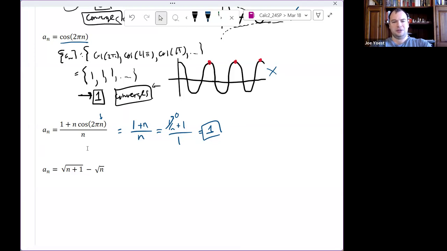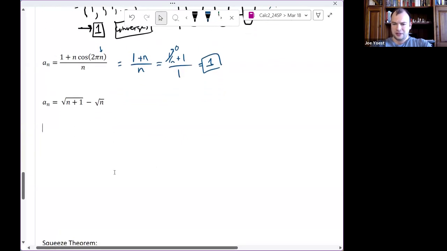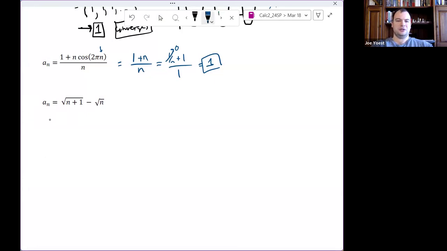Any questions on anything so far? Okay, so I think for the last few minutes here, we can get through this problem. Let's take a look at this one. a_n equals square root of n plus 1 minus square root of n. So what can we do with this?